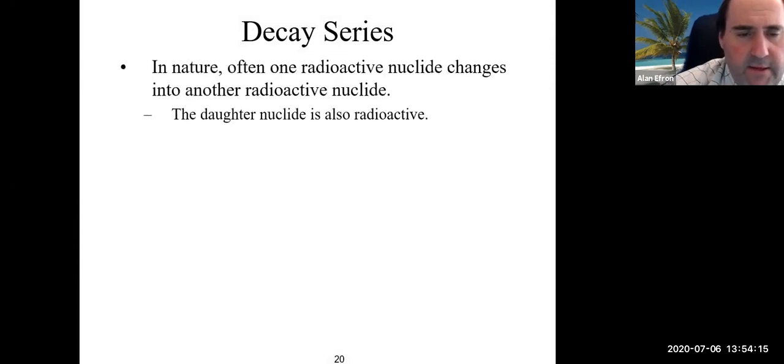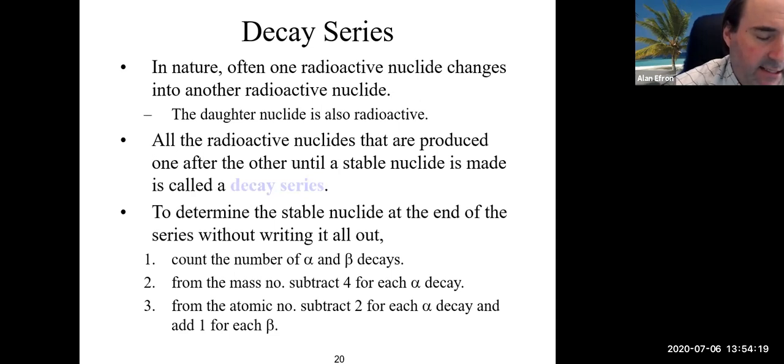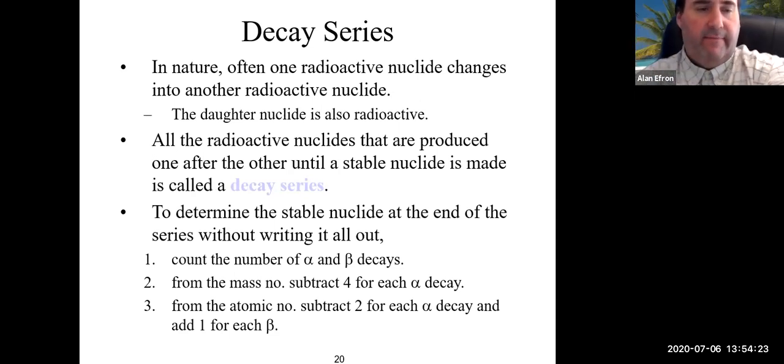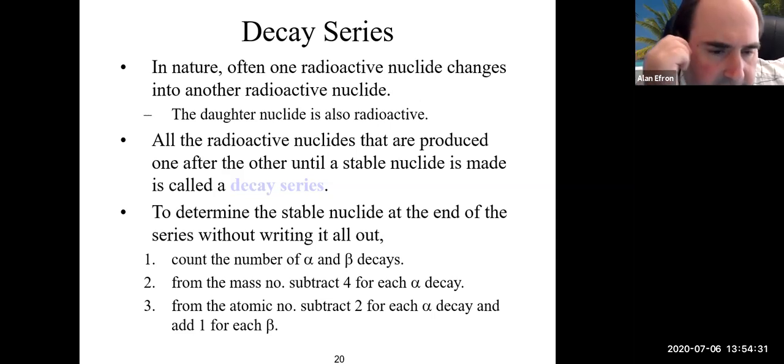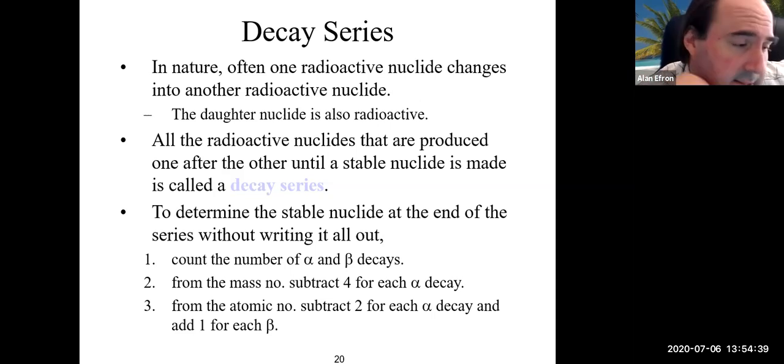Okay. So let's then talk about a decay series. And a decay series basically is what it sounds like. You have an isotope that is not very stable, and it will continue through a decay process, one reaction after another, until it finally hits something that is stable, and then it will stop.